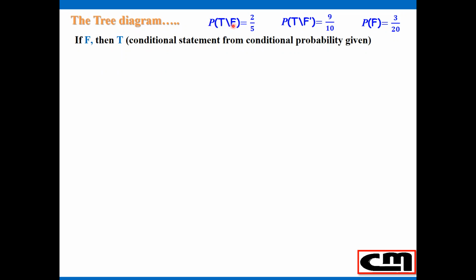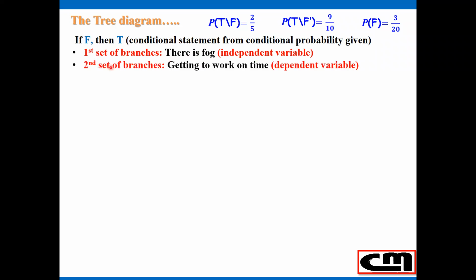Once you have done that, the independent variable is the one that should have the first set of branches in the tree diagram that you are going to draw. That is, there is fog, because that's the independent variable, right? Then obviously, the second set of branches, getting to work on time, is the dependent variable.